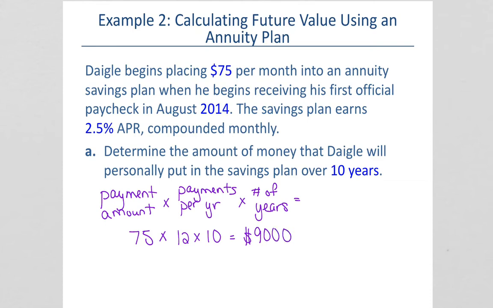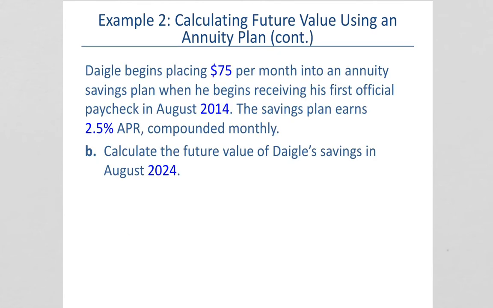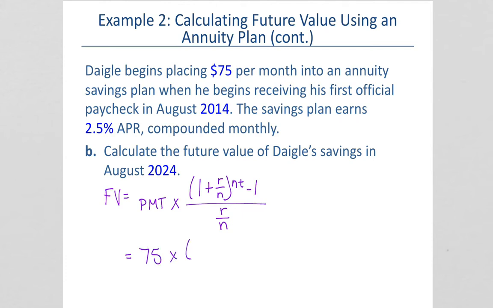Now let's see how much he'd end up with over time. Okay, so the future value is the payment times 1 plus R over N to the NT minus 1 over R over N. So his payment is $75.